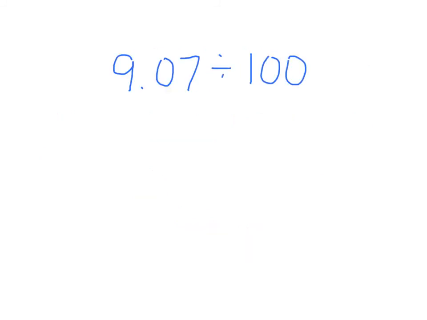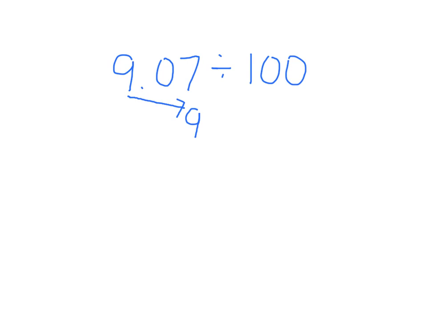We'll show you one last example of 9.07 divided by 100. Each of these ones divided by 100. We're not dividing by 10, in which case we would have 1 divided by 10, which is a tenth, but we're going 1 divided by 100, which is a hundredth. So this 9 here, each of these ones gets shifted.